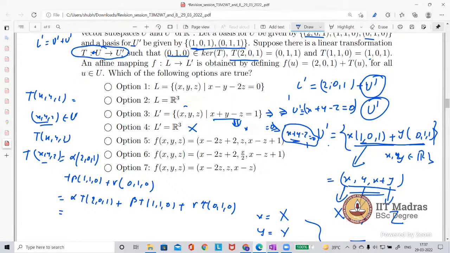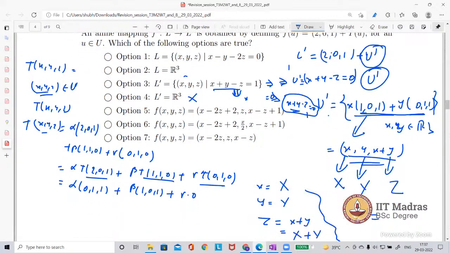The first image is given as 0, 1, 1, so alpha times 0, 1, 1 plus beta times 1, 0, 1, plus gamma times the zero vector.